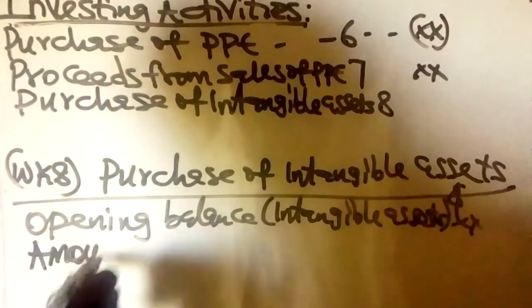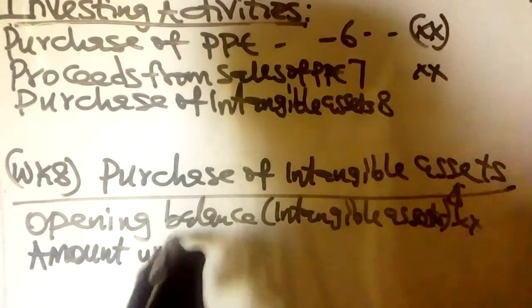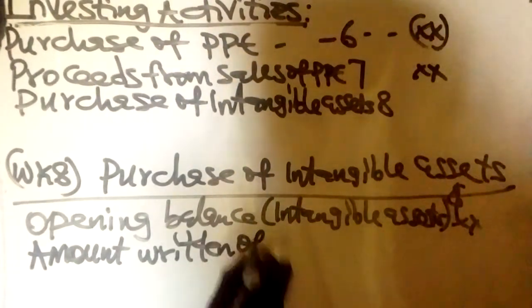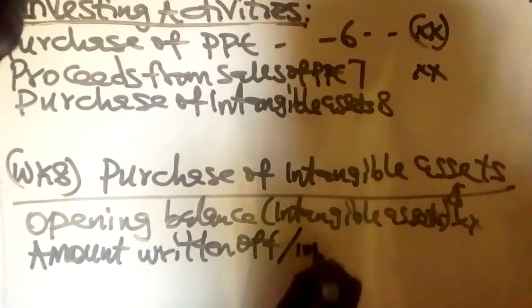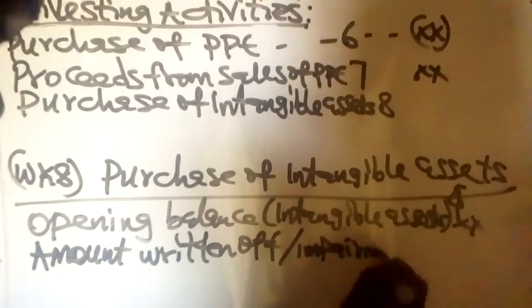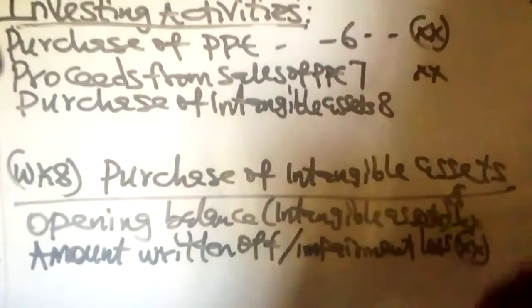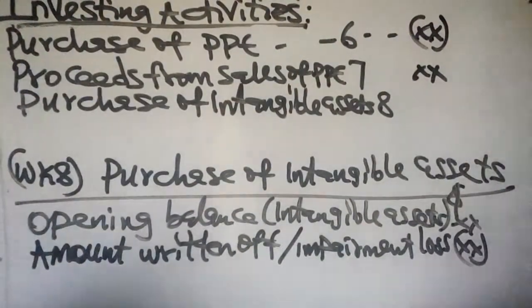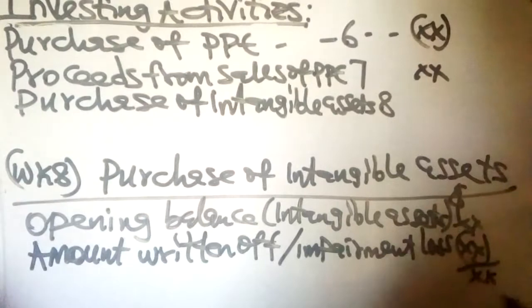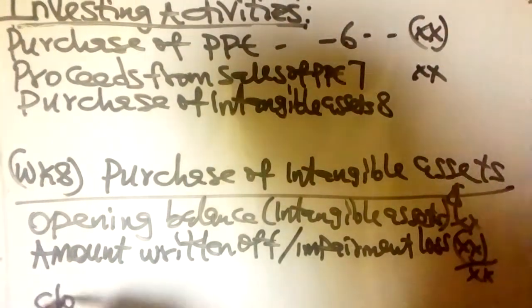Intangible asset may be impaired. So you remove that. Then you now have the closing balance.